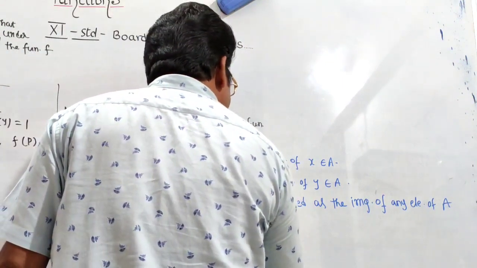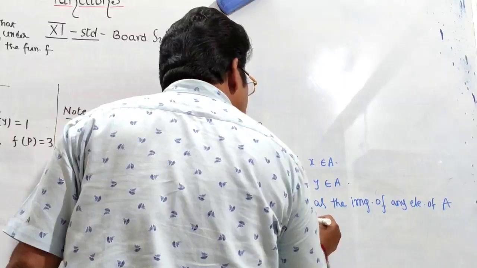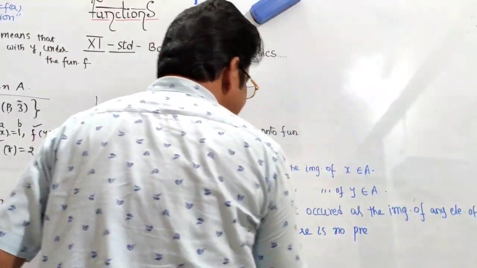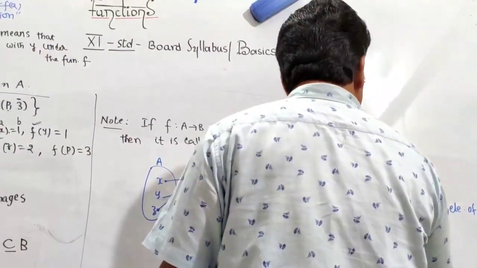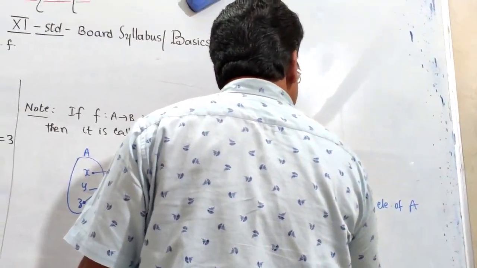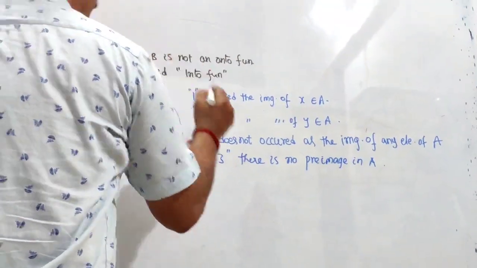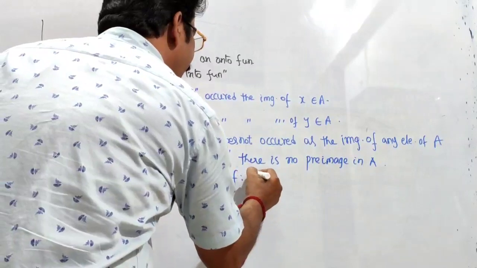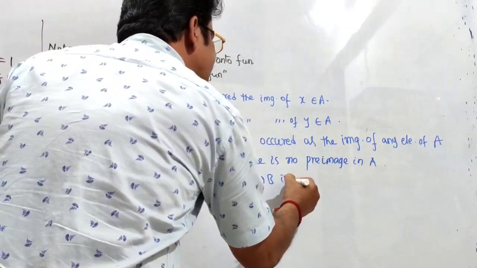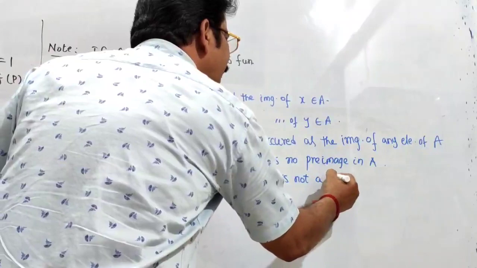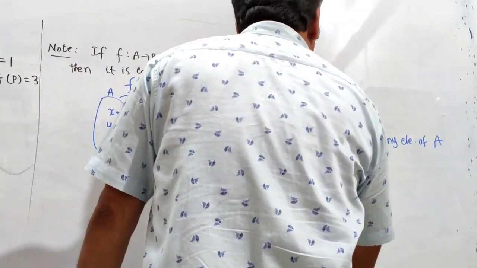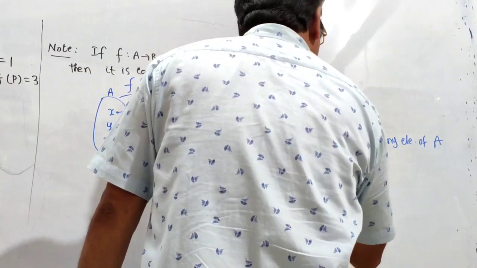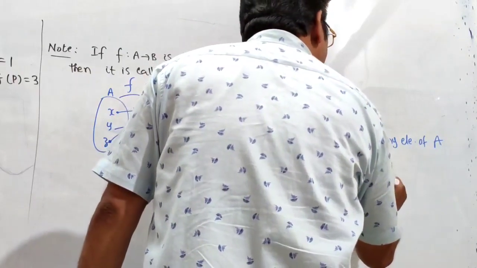For 3 there is no pre-image, though 3 is actually in the image set. There is no pre-image in capital A. Therefore this kind of function, f from A to B, is not an onto function.